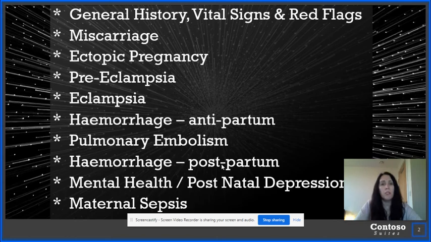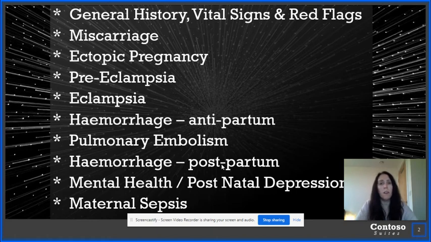Looking at her observations, her normal vital signs, understanding what changes about the anatomy and the vital signs during pregnancy, and then looking at the red flags. The red flags tie in with everything else we're going to be looking at here. All these other points are conditions that could lead to serious illness or death. I need you to be aware of these.